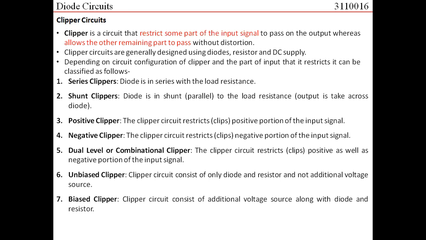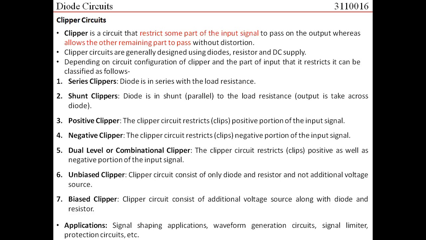If we talk about applications of clippers, then clippers basically fall under the category of waveform shaping circuits. They basically give some kind of shape to a waveform, and they are used in waveform generators. Say, for example, a sinusoidal waveform or a square waveform is relatively easy to get.